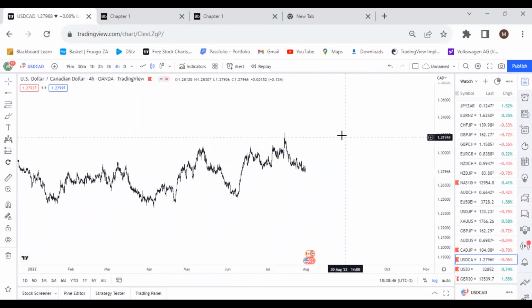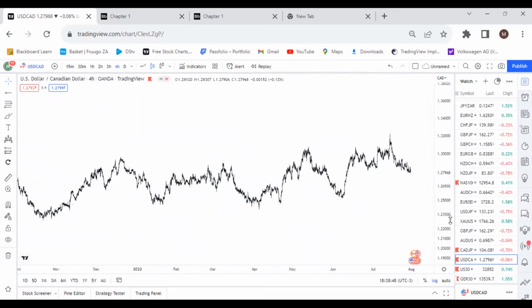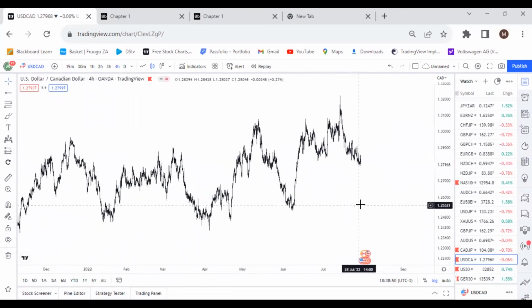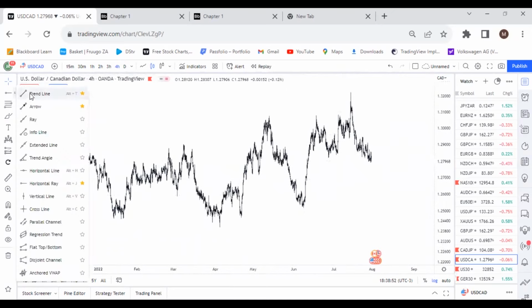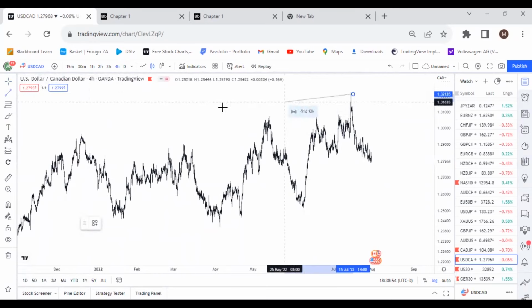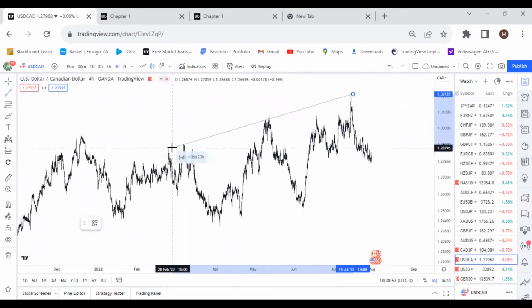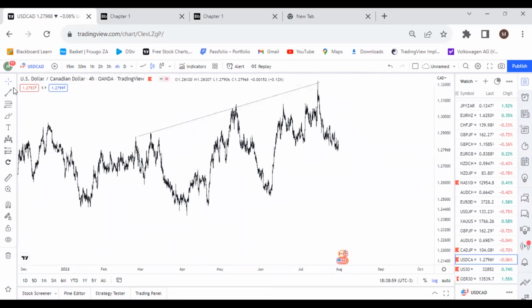So we're just gonna focus, once again, on the current market. First tool that I'm gonna use is my trend line, just to get the structure.